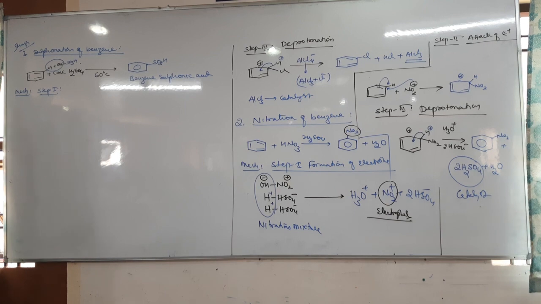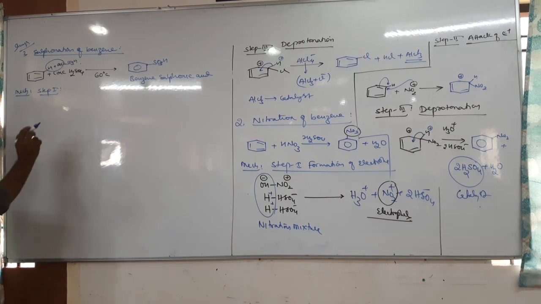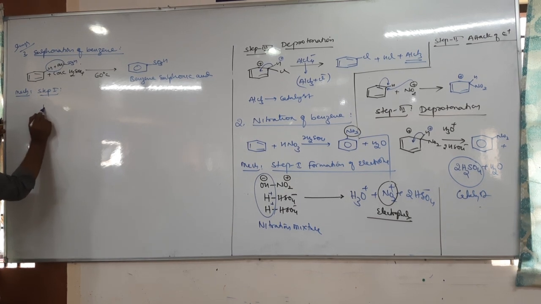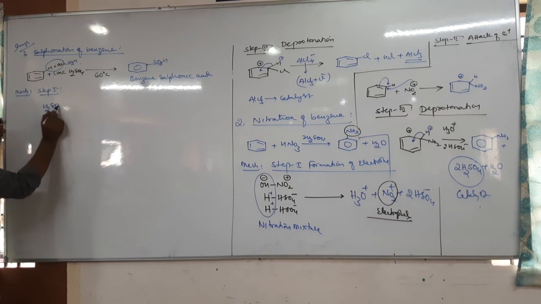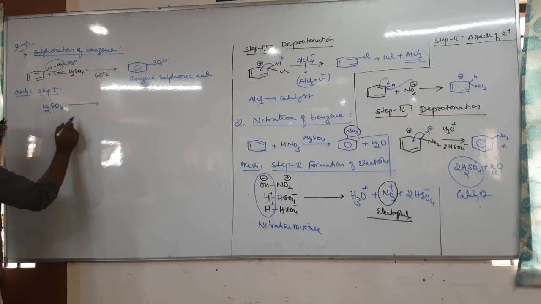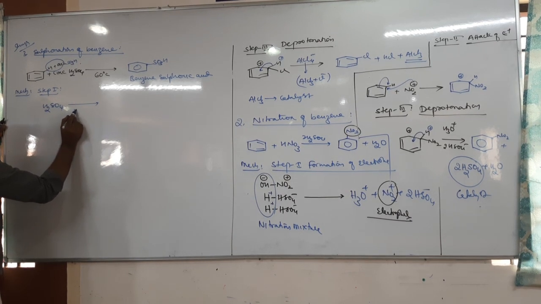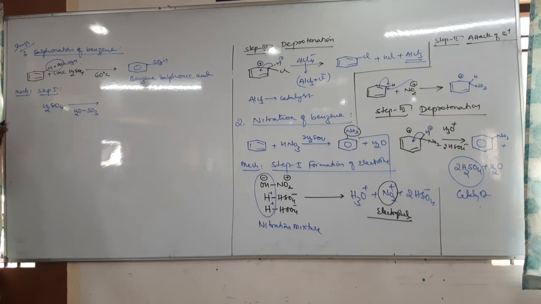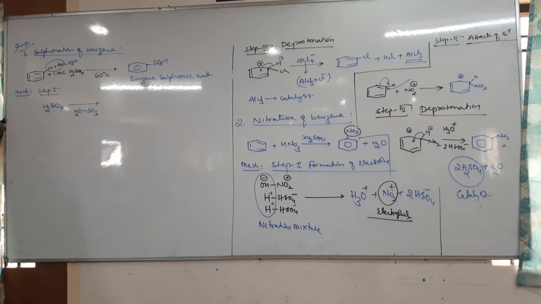Step 1, formation of the electrophile. Tell me here, in this formation of the electrophile, there is sulfuric acid, H2SO4. It gives rise to, you can write, H2O and SO3. Yes or no? Here, which is negative, which is positive?